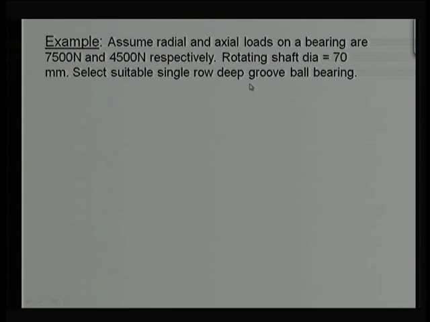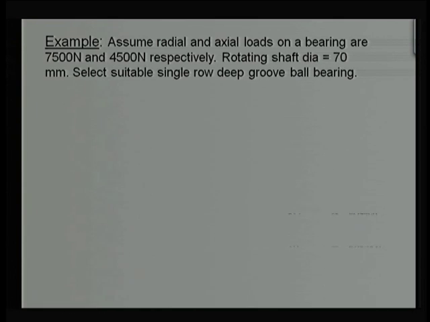In this case, we are not going to select among all categories of bearing, only from deep groove ball bearings. We are going to choose from different dimensions what will be the proper bearing for our application. The shaft diameter is given, so the bearing bore diameter is defined.